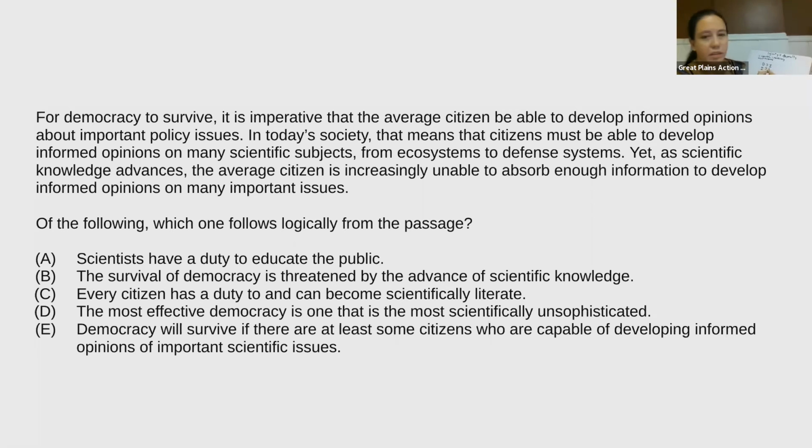So we're just going to go with science. Yet, as scientific knowledge advances, the average citizen is increasingly unable to absorb enough information to develop informed opinions on many important issues.